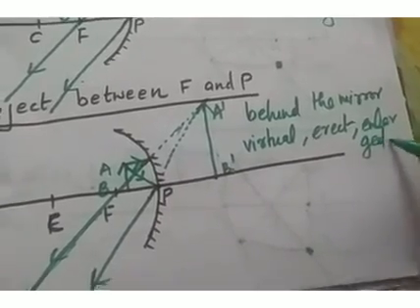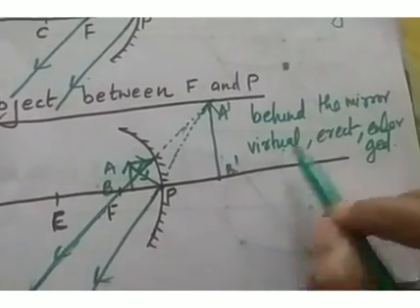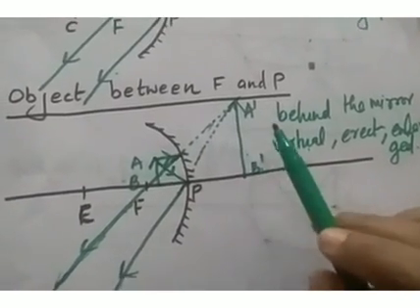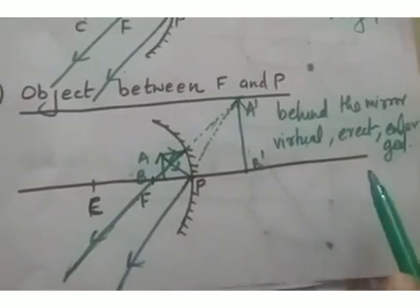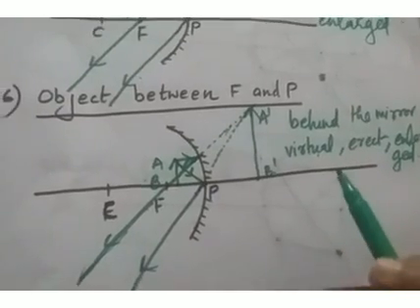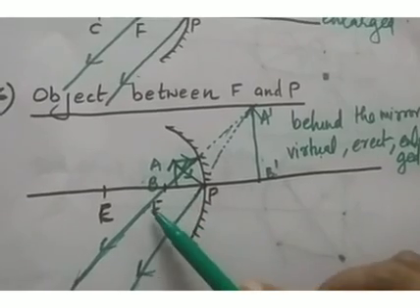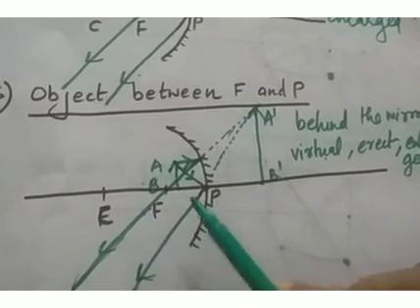So which mirror produces virtual and enlarged image? Concave mirror. Okay. And for which position concave mirror produces a virtual image? Position is object between focus and pole.